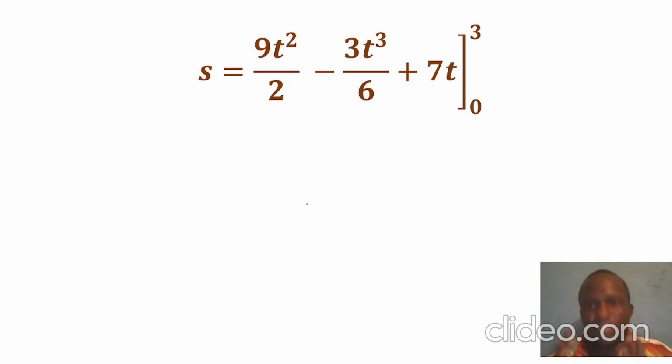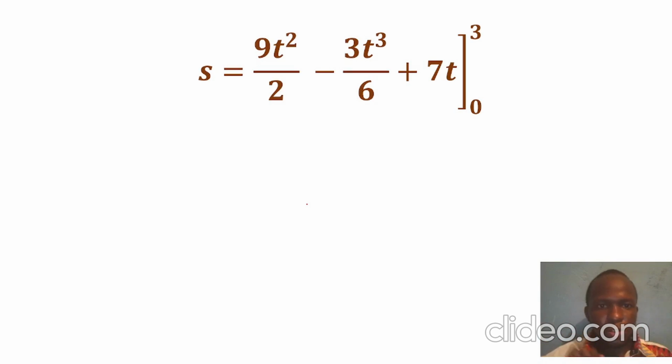Now that this is a definite integral, we are going to do integration between the limits. So we are going to substitute 3 in this, and also substitute 0 in this particular integrand.